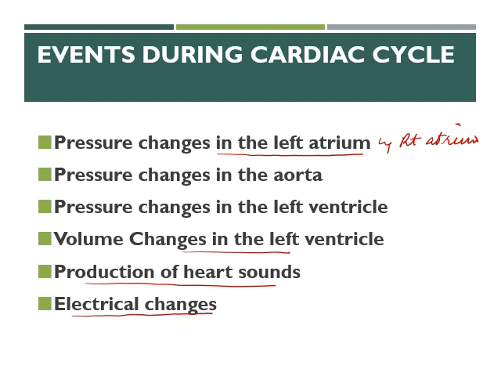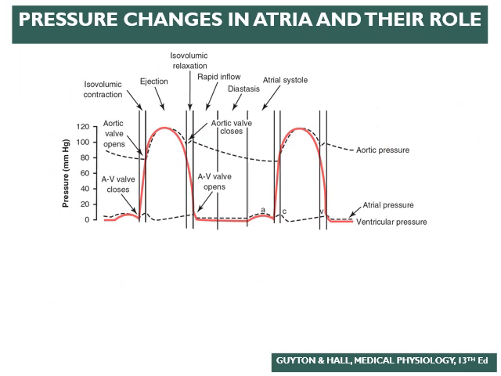So the first event that occurs during cardiac cycle is the pressure changes in the atria and their role as primer pumps.